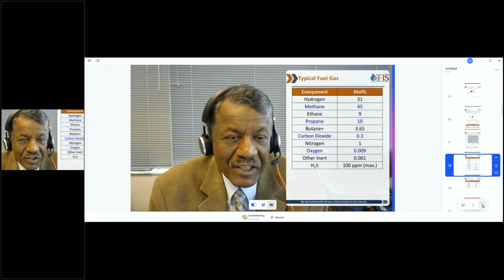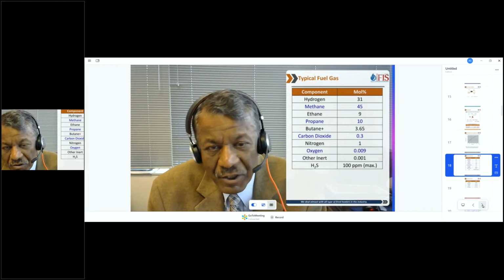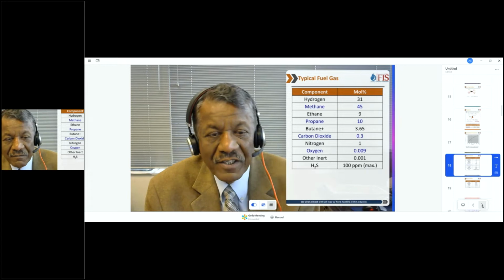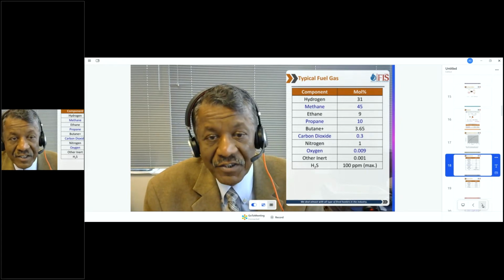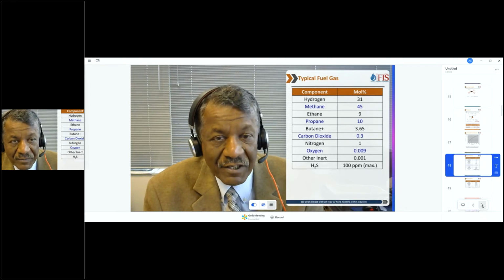That is the definition of fuel gas in refineries. Any hydrocarbons that you cannot sell or you cannot process is put in the fuel gas header. A lot of people put propane, butane because they have excess and they can't handle it. They can't put it into the flare, so they basically end up putting it into the fuel gas headers.